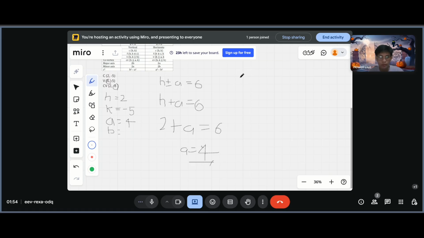So we're going to use (h, k plus or minus b). So k plus or minus b is equal to negative 8.